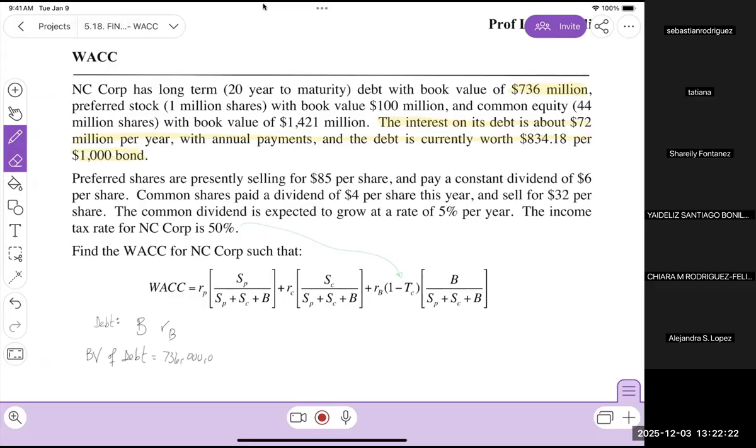Well, I'll just put an M. And the face value of each bond is how much?